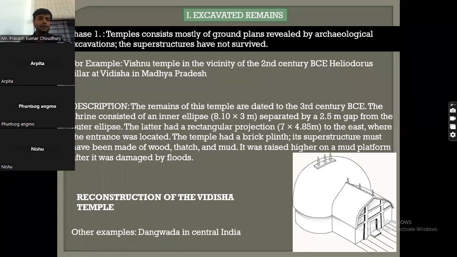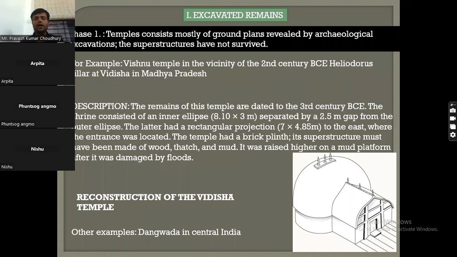But it has a long drawn background, which has been worked out in archaeological excavations and early structural remains that we are coming across in different regions of Indian subcontinent.